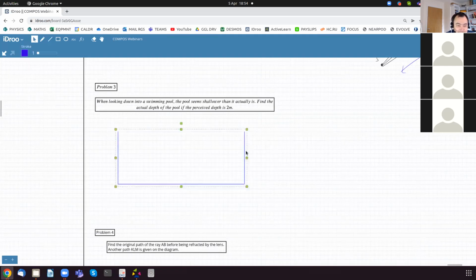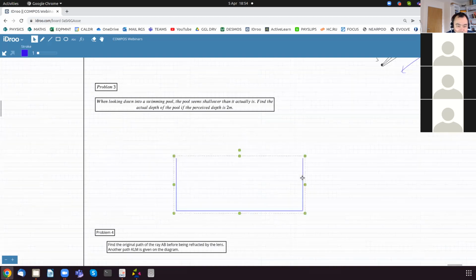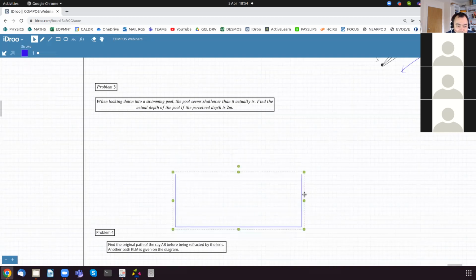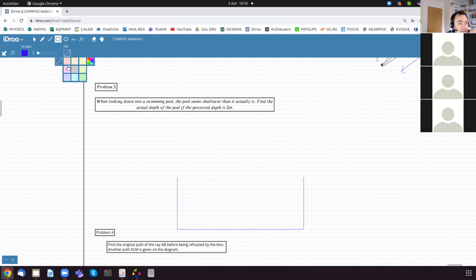Just move it somewhere here because I'll need a diagram. Right. So this is all about ray diagrams, and let's fill it with water.